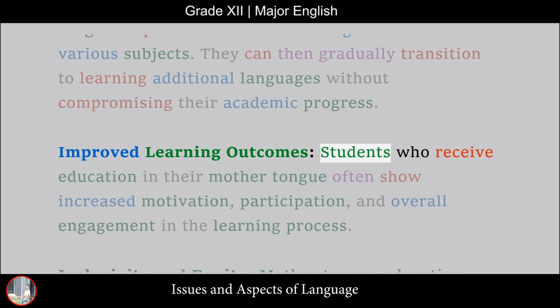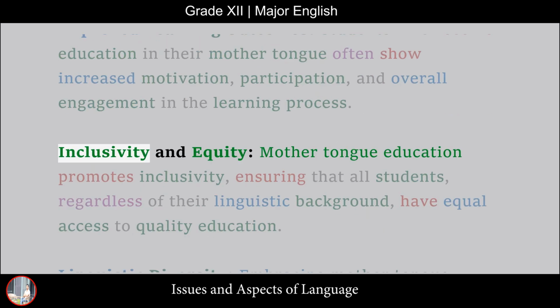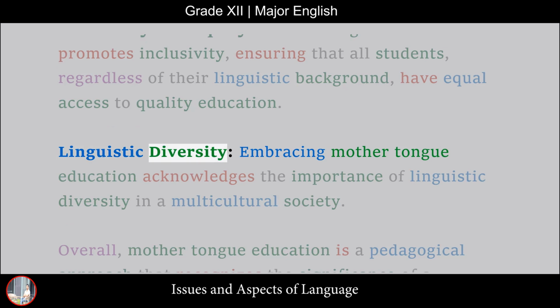Improved learning outcomes. Students who receive education in their mother tongue often show increased motivation, participation, and overall engagement in the learning process. Inclusivity and equity. Mother tongue education promotes inclusivity, ensuring that all students, regardless of their linguistic background, have equal access to quality education. Linguistic diversity.